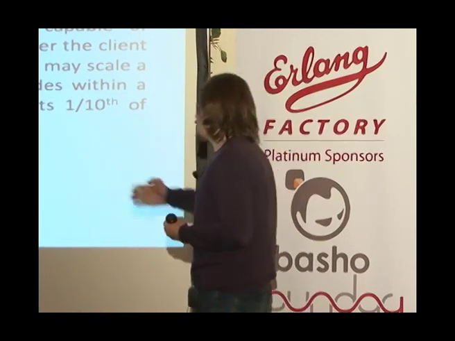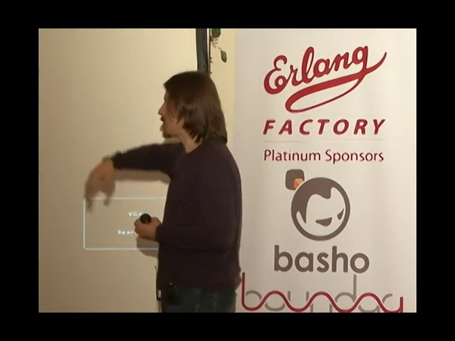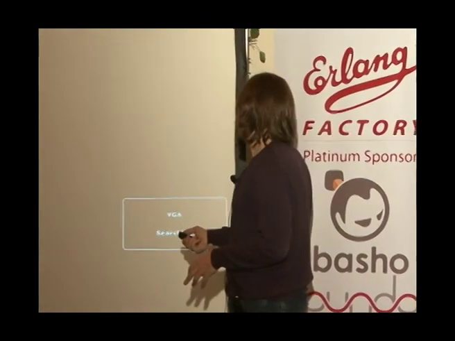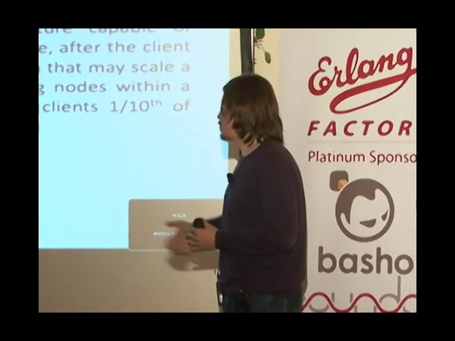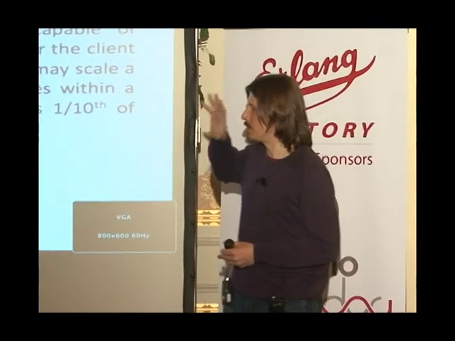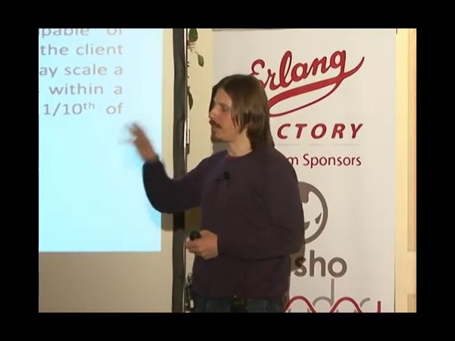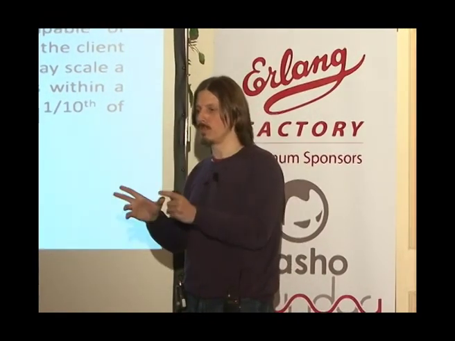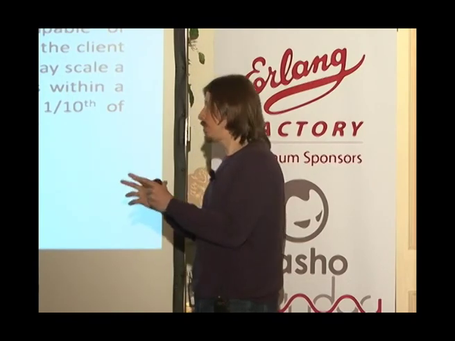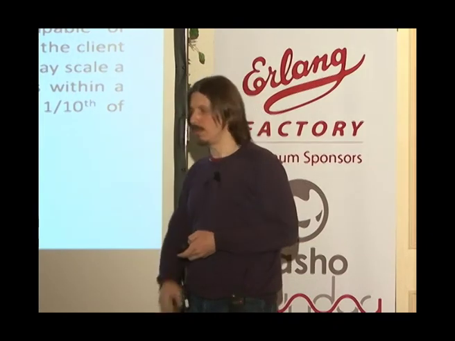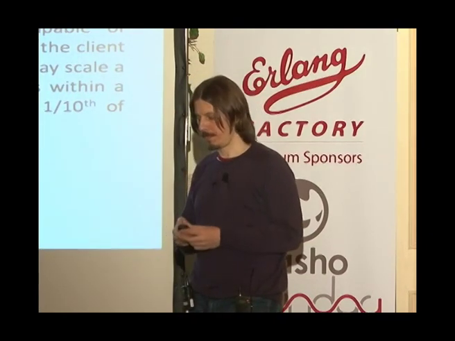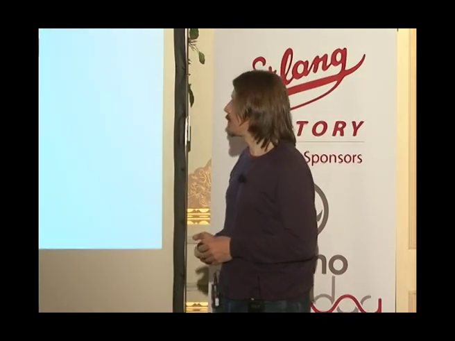So I believe it's possible, using Erlang on Xen, a very lean, small virtual machine, to decrease the infrastructure cost by an order of magnitude. That's it. So, no questions.